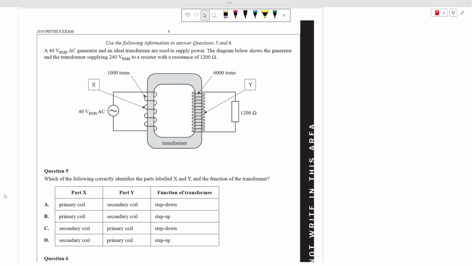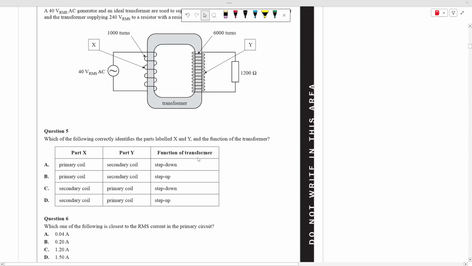So let's have a read of the question. Question 5, which of the following correctly identifies the parts labelled X and Y and the function of the transformer? Okay, so part X is where the voltage is coming from, I guess, the variable voltage. So this would be called a primary coil, so it's either A or B. They're both secondary coil for part Y. So I guess the question is, is it a step down or a step up transformer?